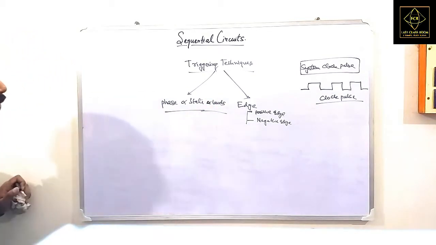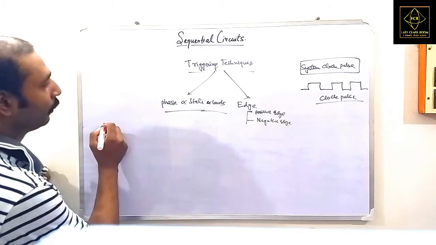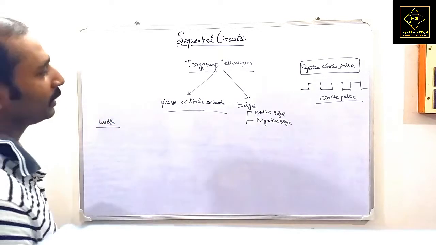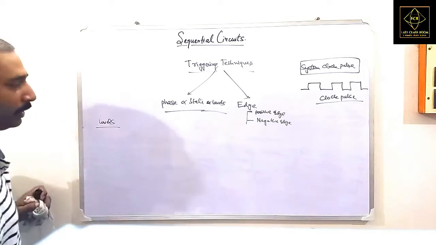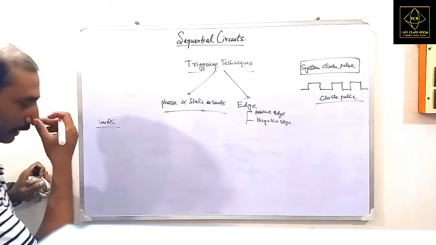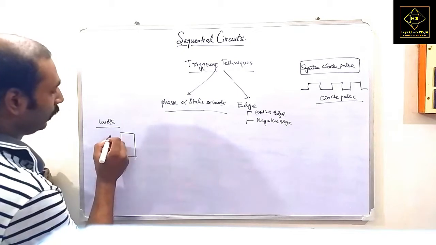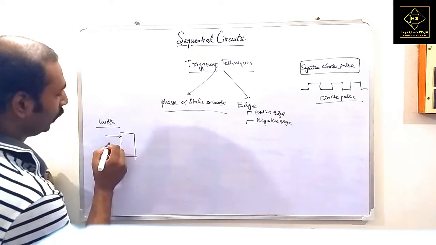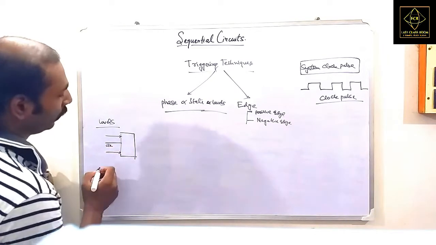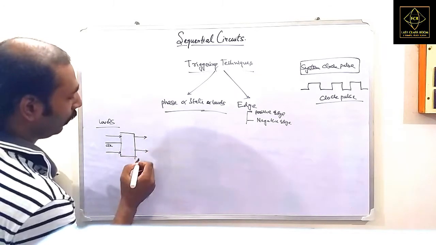We can say level also. So here we are going for the levels. If we want to design a positive level, phase or state circuit, we simply draw like this. This is a control signal or clock, whatever we can say, and these are our outputs.